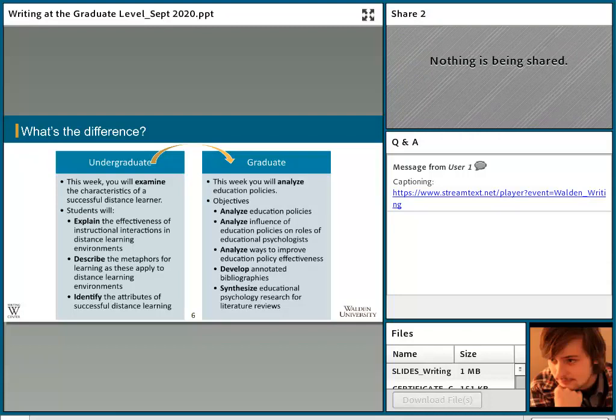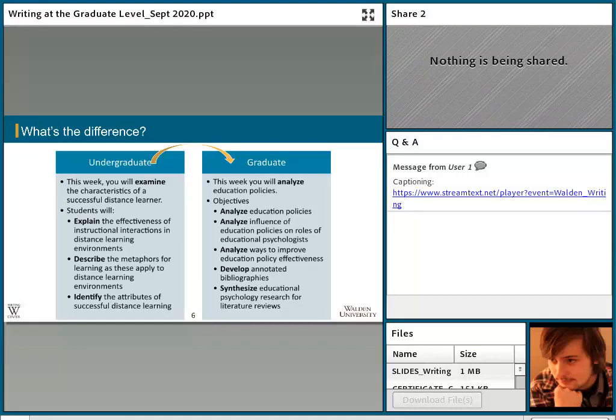Students will explain the effectiveness of instructional interactions in distance learning environments, describe the metaphors for learning as these apply to distance learning environments, identify the attributes of successful distance learning. So explain, describe, identify. This prompt is asking you for summary. It's asking you to say what you saw in there, to describe it, to identify it, to explain it, right?